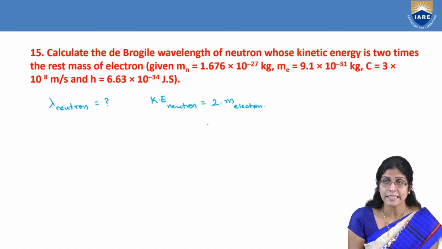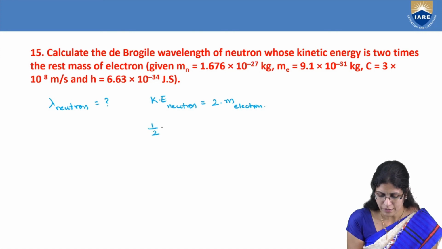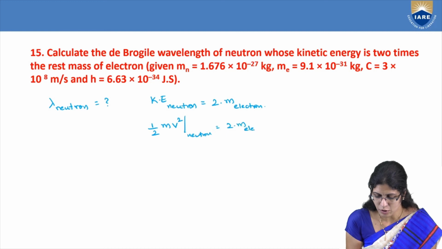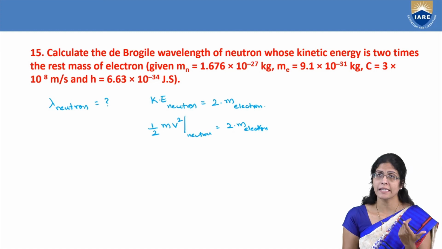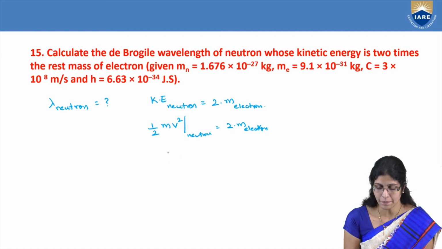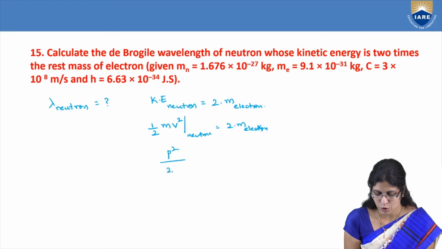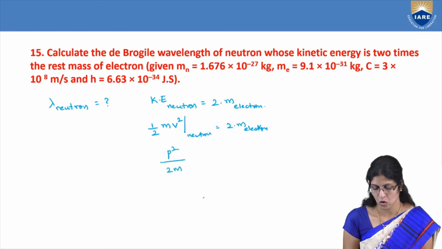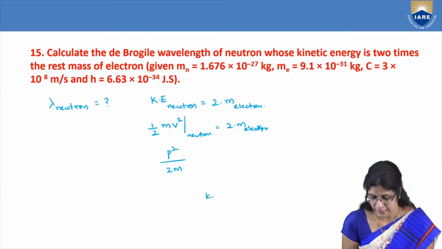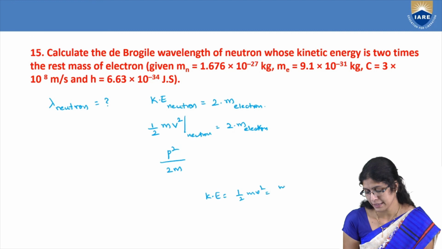So what will be the kinetic energy of the neutron? We know very well, half mv square of the neutron is equal to 2 times the mass of the electron. How can I write it in terms of momentum? Yes, it is p square by 2m, because kinetic energy is half mv square, and if you multiply and divide with m, I can write it as m square v square by 2m.